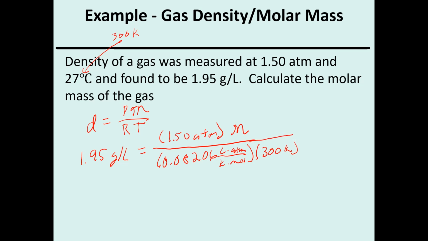So if we rearrange this algebraically, we get 1.95 grams per liter times 0.08206 liters times atm over Kelvin times mole, times 300 Kelvin.